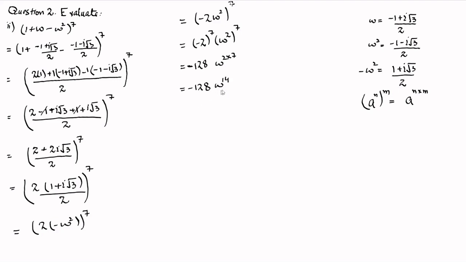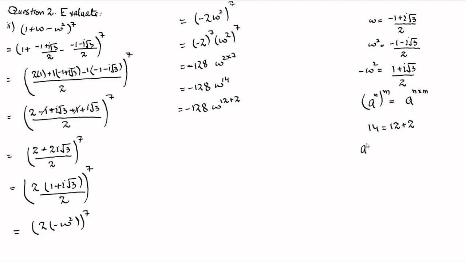Now we will write the power of omega in terms of 3. 14 is not divisible by 3, so we will write 14 as a summation of two numbers in which one of the numbers is divisible by 3, so that will be 12 plus 2. Minus 128 omega 12 plus 2.